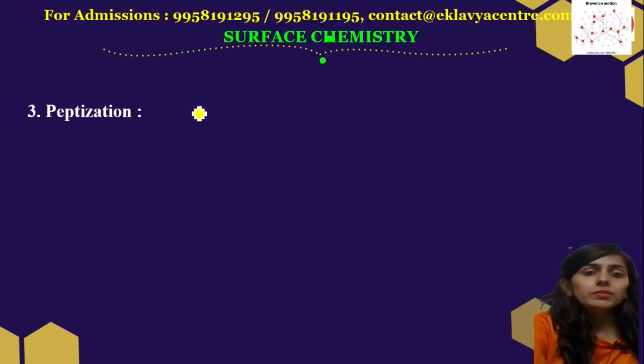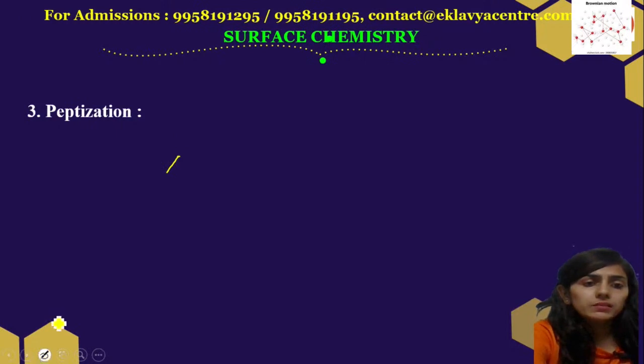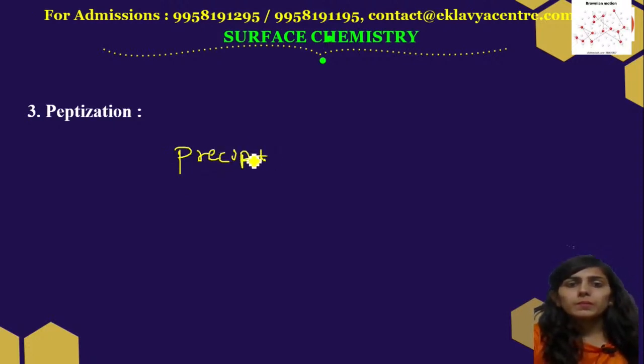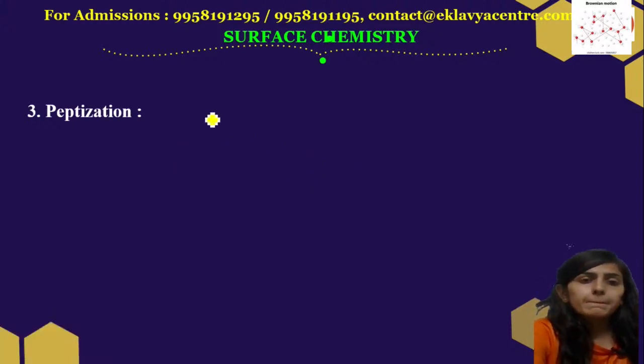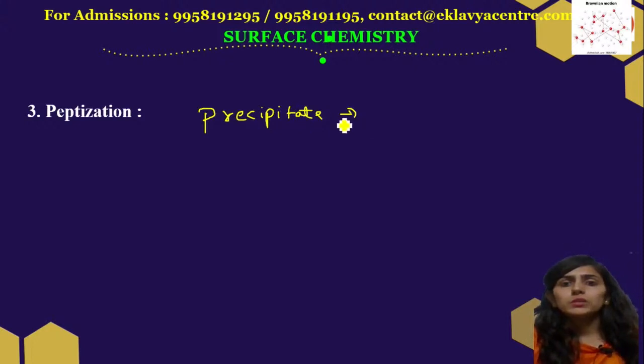Basically it is a method of converting a precipitate into a sol by shaking plus adding a very small amount of electrolyte.